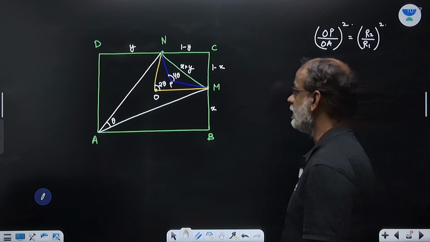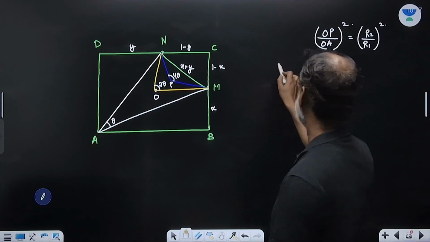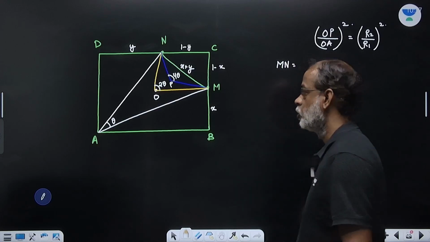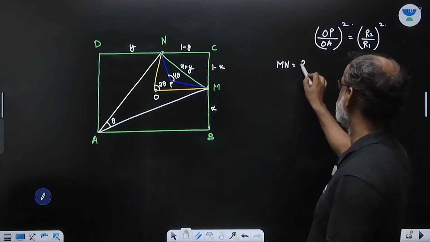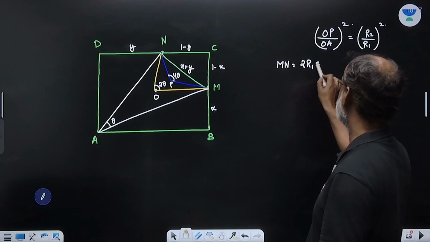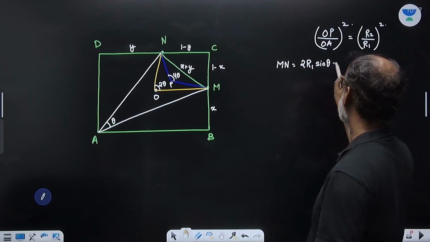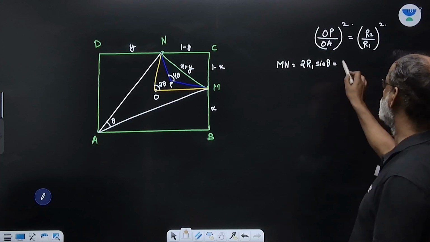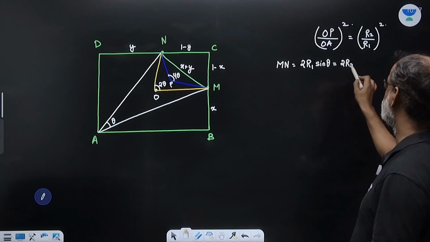Also, we can say MN is 2 R1 sin theta, isn't it? And it is also 2 R2 sin 2 theta.